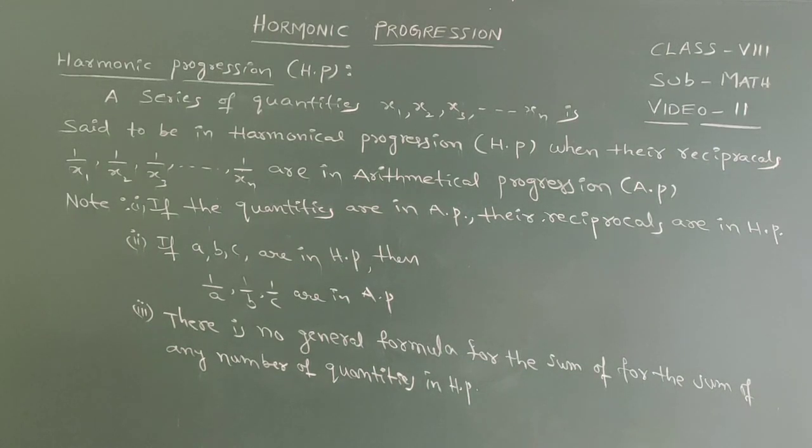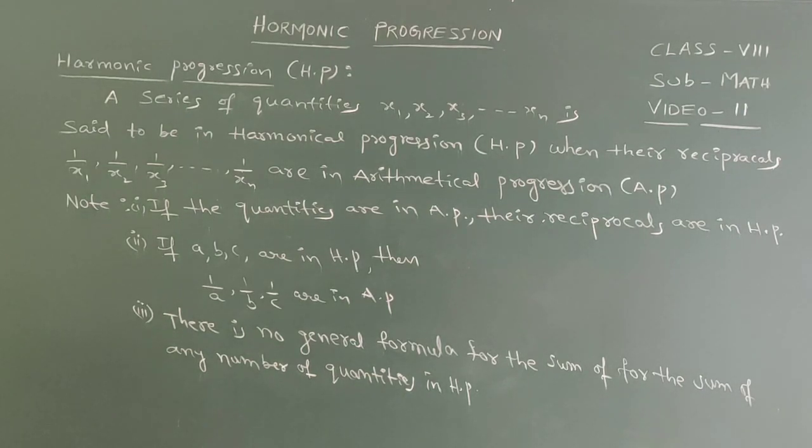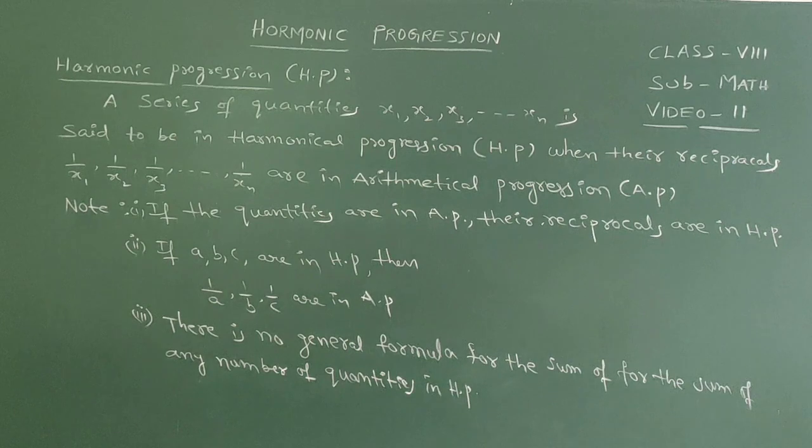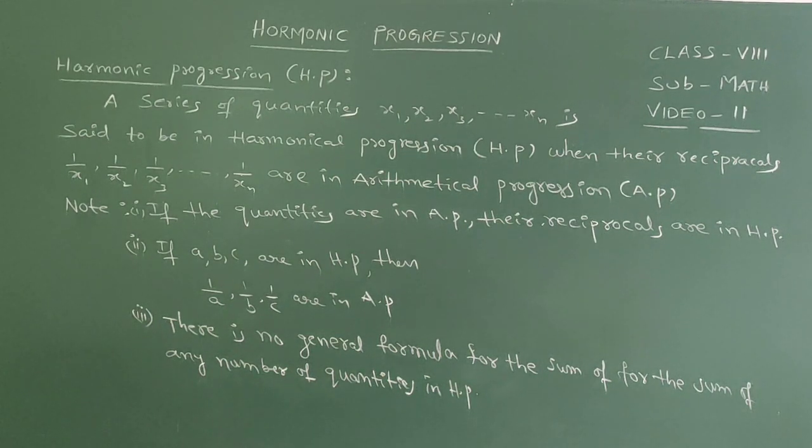X, Y, Z, like that also we can say. If X, Y, Z are in HP, 1 by X, 1 by Y, 1 by Z are in AP. If P, Q, R are in AP, 1 by P, 1 by Q, 1 by R are in HP. There is a reciprocal relation between AP and HP.